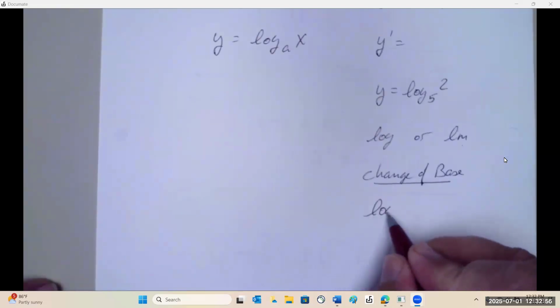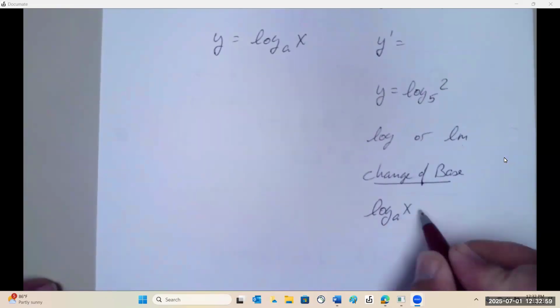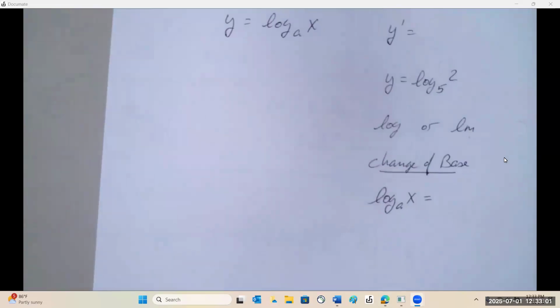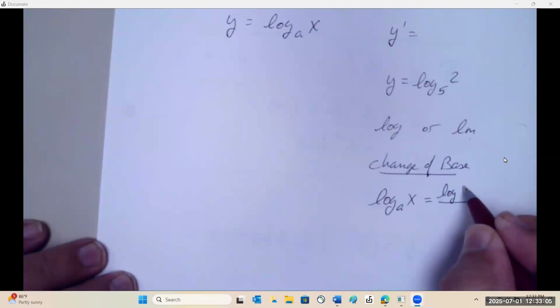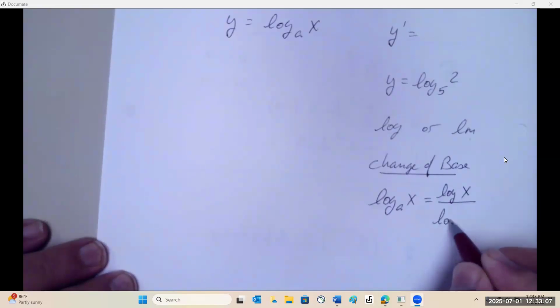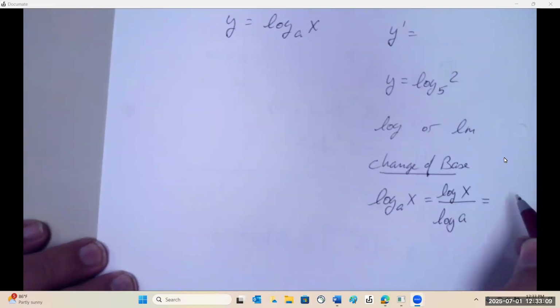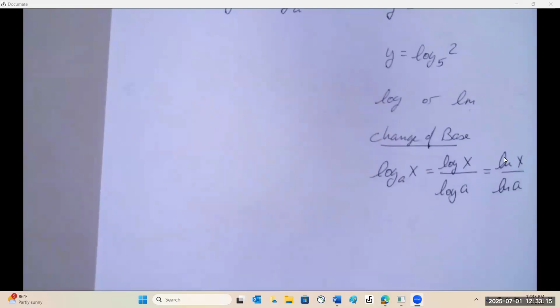If we're going to change it from log base a, then we can change it to log base 10, or we can do the natural log. Remember those? Because what we're looking for is the ratio, whether it's log base 10 or log base e, it doesn't matter.